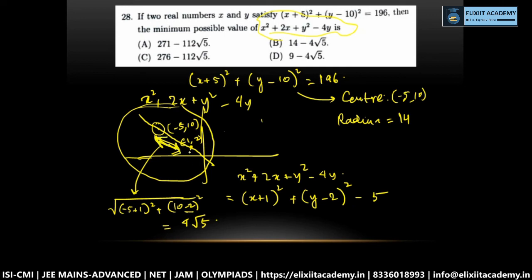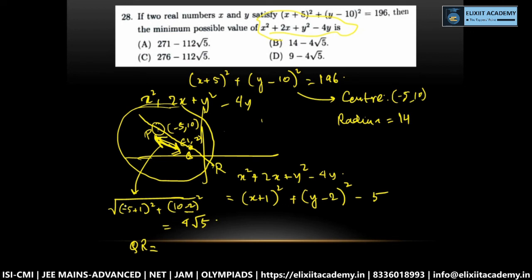Now we can find this distance QR. Let's say this is P, this is Q, this is R. Easily we can find this QR. What is QR? QR is the total radius minus this, isn't it?